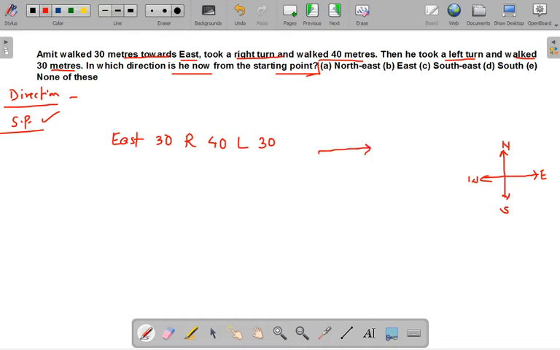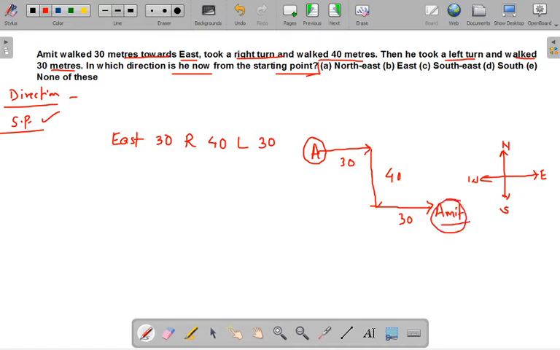30 meters east, then a right turn and 40 meters, then a left turn 30 meters. So from here Amit started, and right now here is Amit.